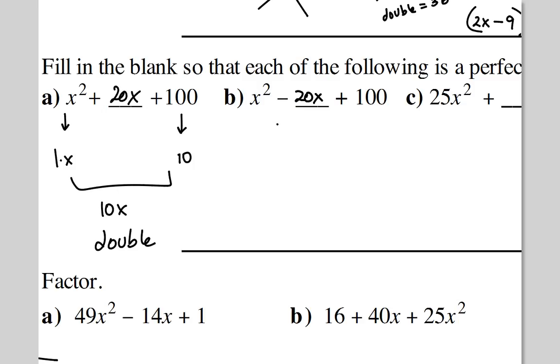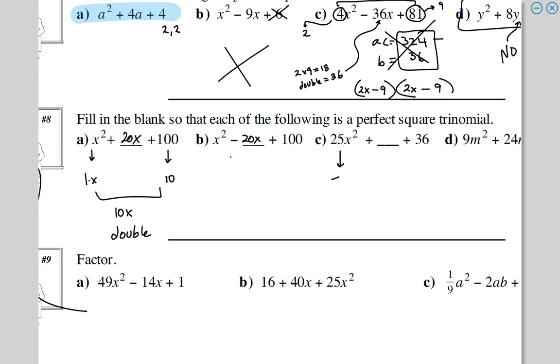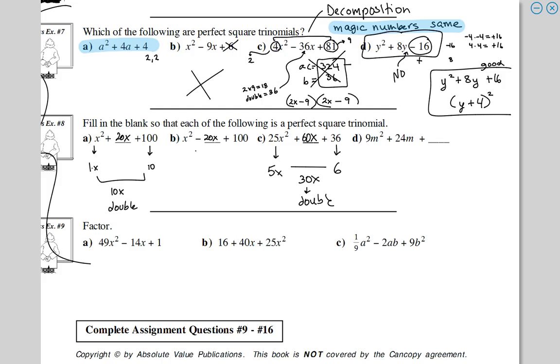That's okay. Now for this one, make this 5x, make this 6. Times them together, you get 30, and then you double for 60. So hopefully you guys get this pattern.